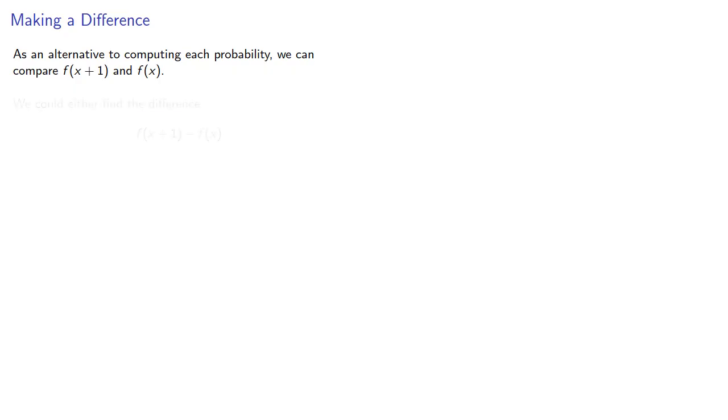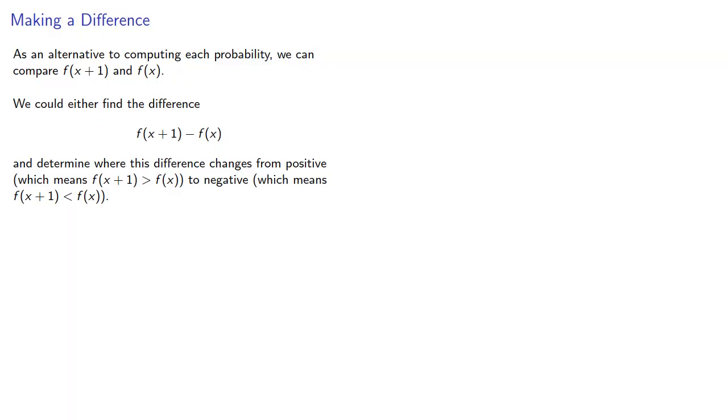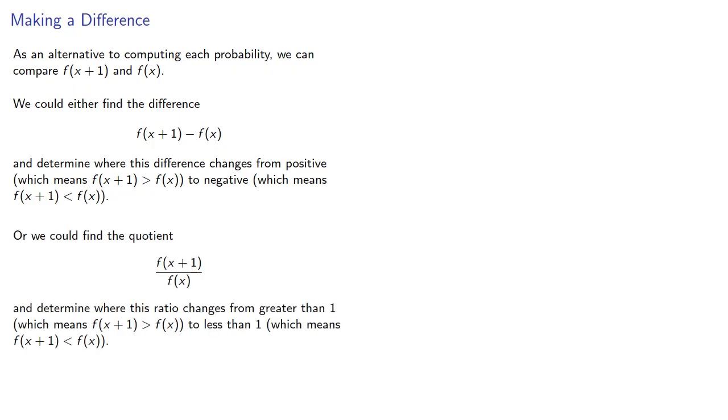So we could find the difference and determine where this difference changes from positive, which would mean that f of x plus 1 is greater than f of x, to negative, which means that f of x plus 1 must be less than f of x. Or we could find the quotient and determine where this ratio changes from greater than 1, which means that f of x plus 1 is greater than f of x, to less than 1, which means f of x plus 1 is less than f of x.